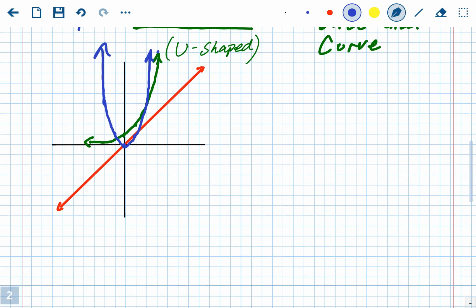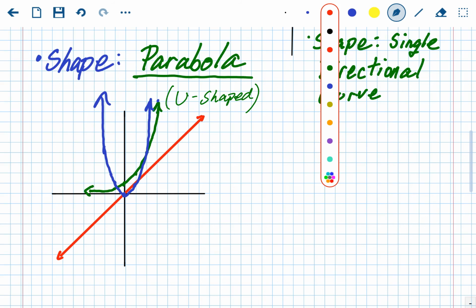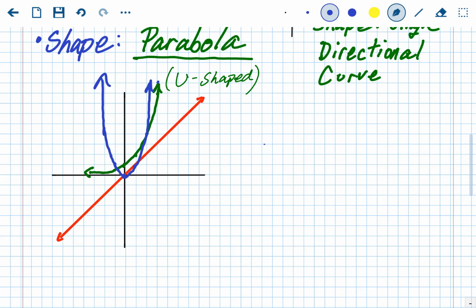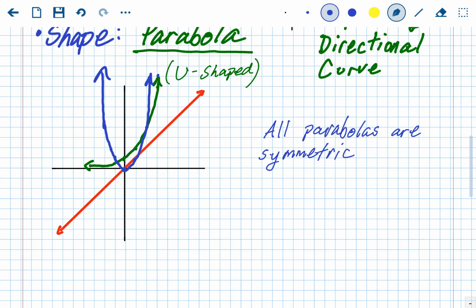All right, now, like I already mentioned, quadratics have that U shape. That U shape is symmetric. So all parabolas are symmetric around a central line. And that central line has a special name.